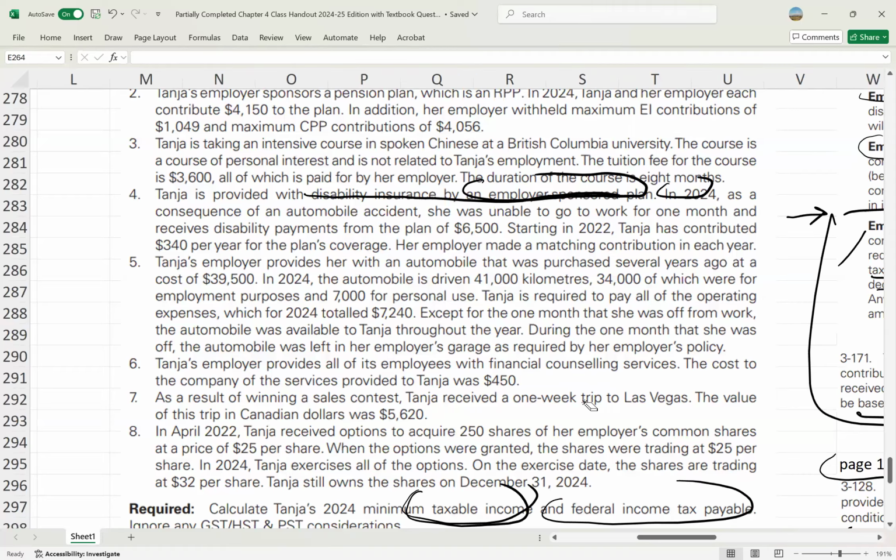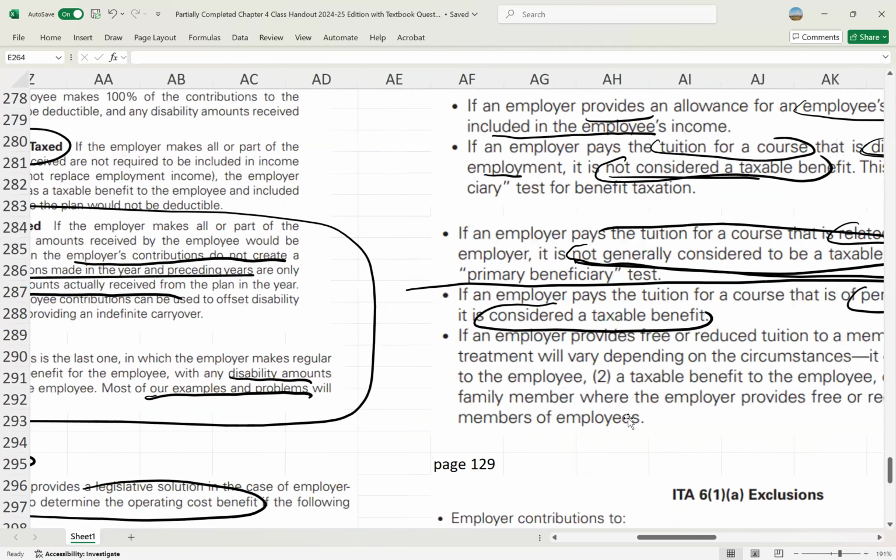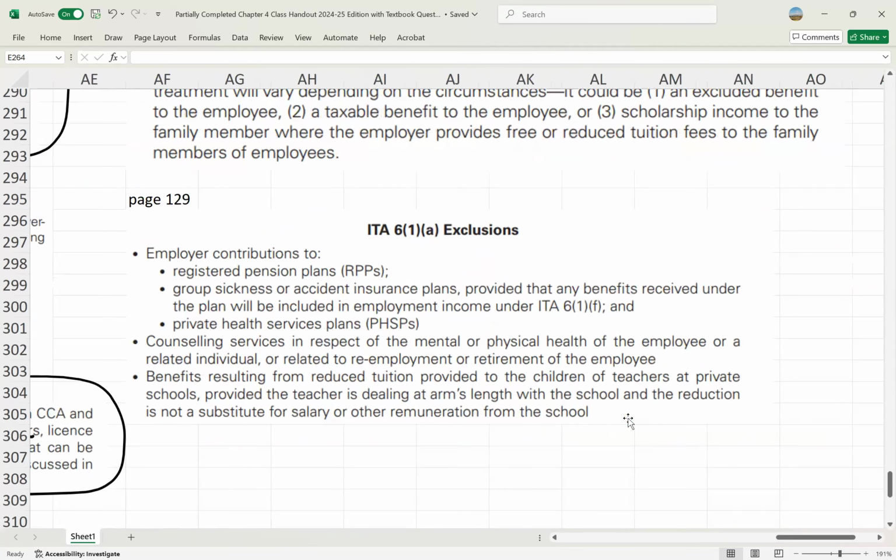And once again, Chapter 3, is that a taxable benefit or not? So once again, cut and paste this from your textbook, page 129. So page 129 again from Chapter 3. These are things that are excluded from employment income.